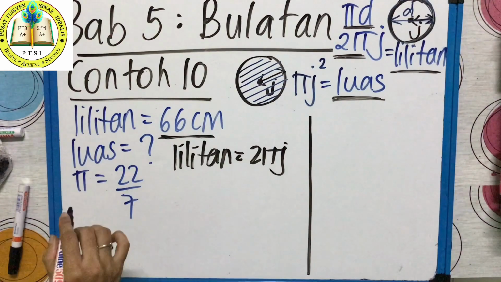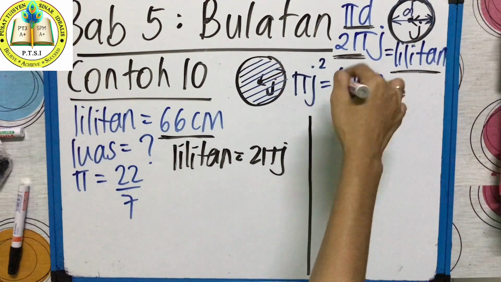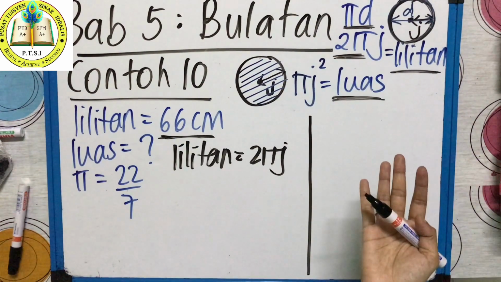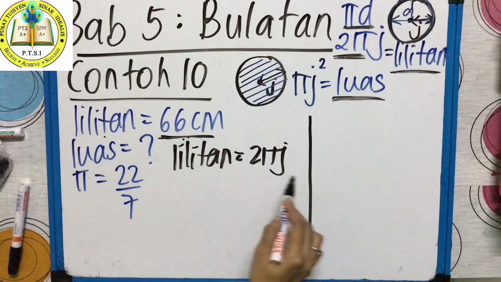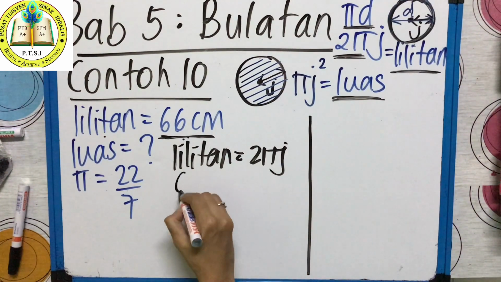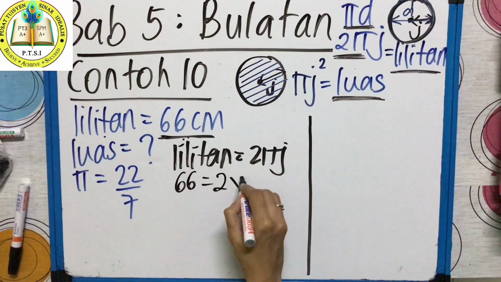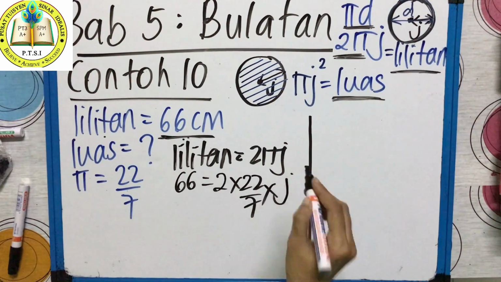I didn't use luas because luas is what they ask in the question, cari luas. Now lilitan value is given, circumference value is given, so teacher uses the circumference formula. Lilitan 66 equal to 2 times pi 22/7 times jejari we don't know.